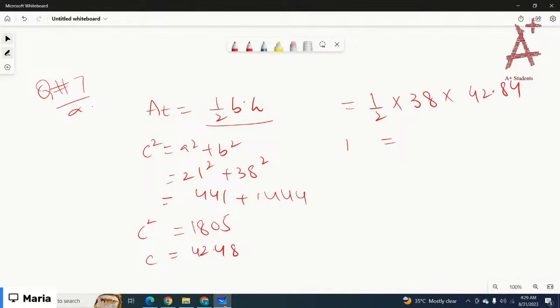The area of each triangle, area of one triangle, is 403.61, right? Because you have to calculate the area of four triangles, let's multiply it by 4. It would be 4 times 403.61, so it would be 1614.44 square, right? So that is the area of the given shape, right?